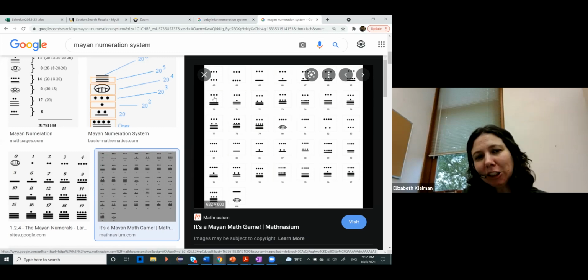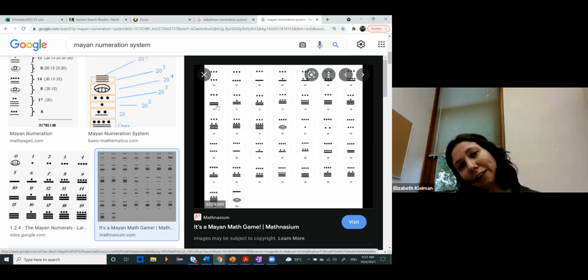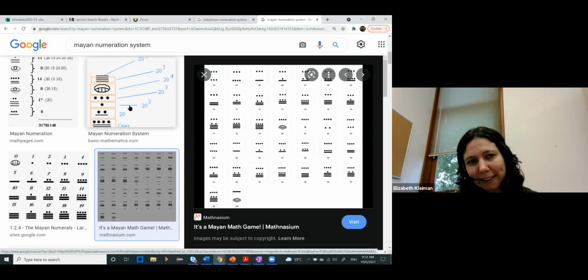So pretty much it not only deals with the number of things you see, but also where exactly they are located. Depending on their location, if they're at the bottom, you multiply by 1. If it is in the second, mid position, it's by 20.